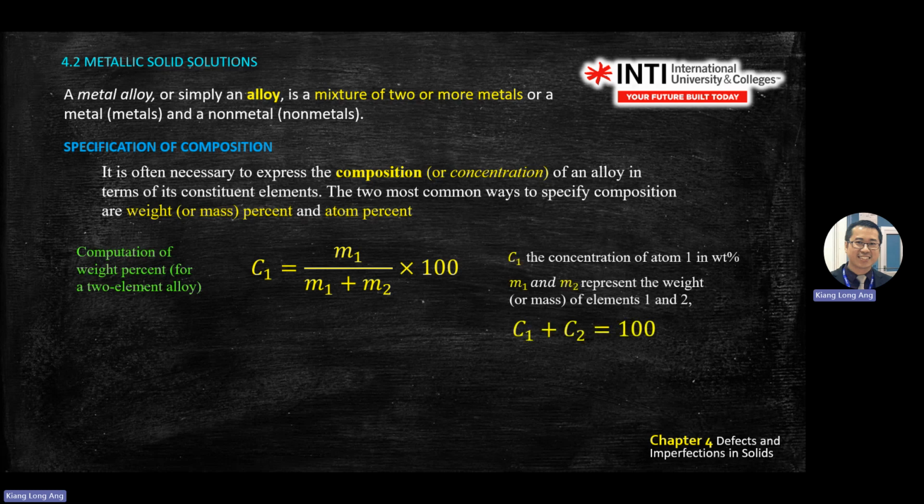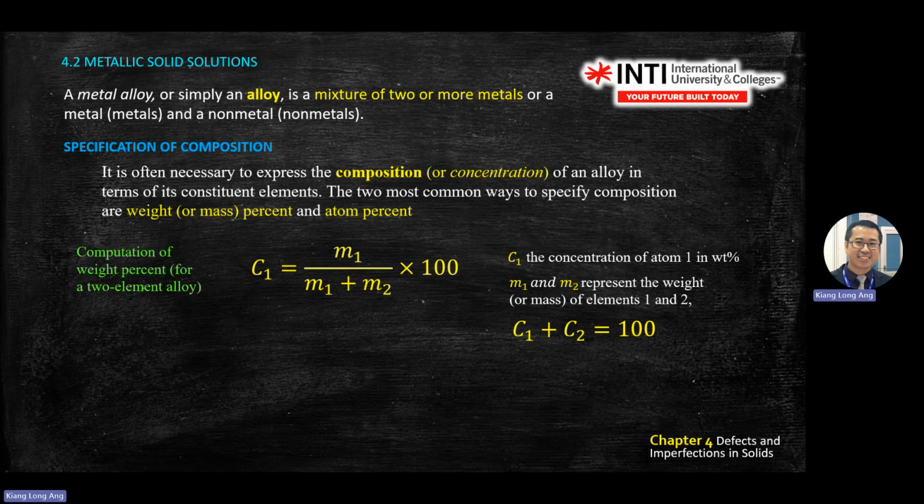Once you find the first one, let's say you get 80%, C2 you can find automatically. Why? Total is 100%, so C2 will be 20%.